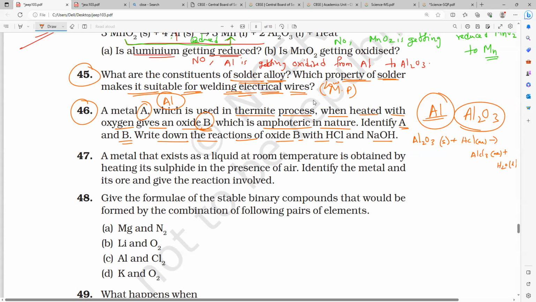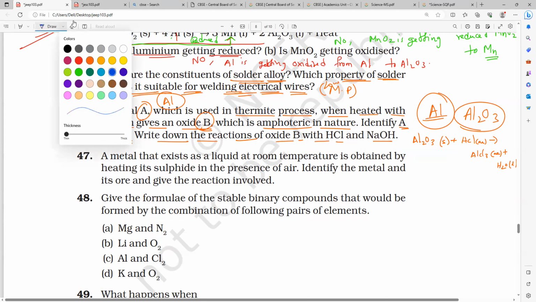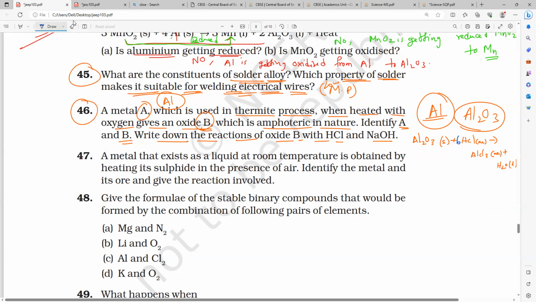Balance it. Al2O3 plus 6HCl gives 2AlCl3 plus 3H2O.